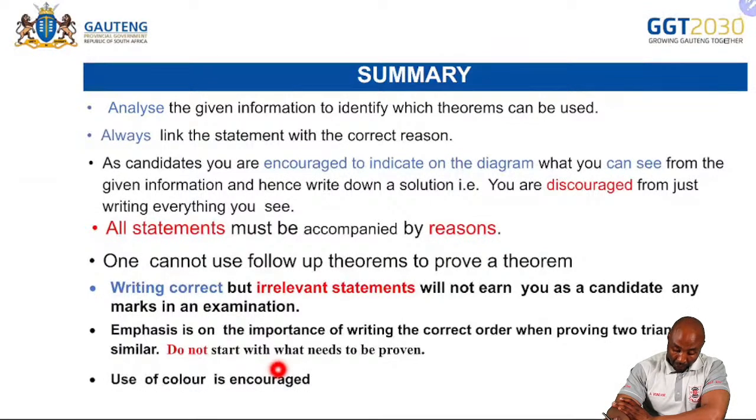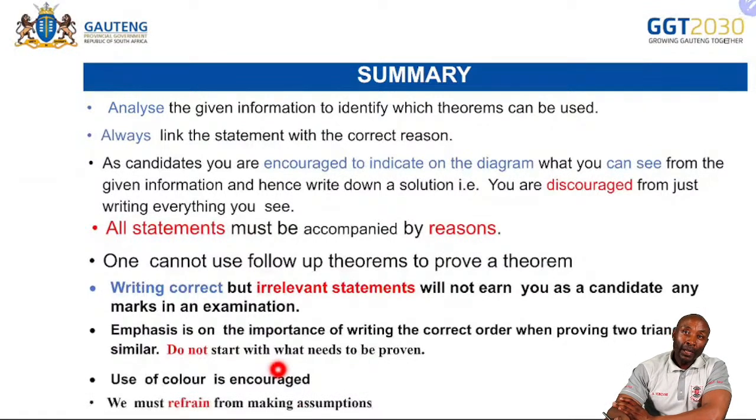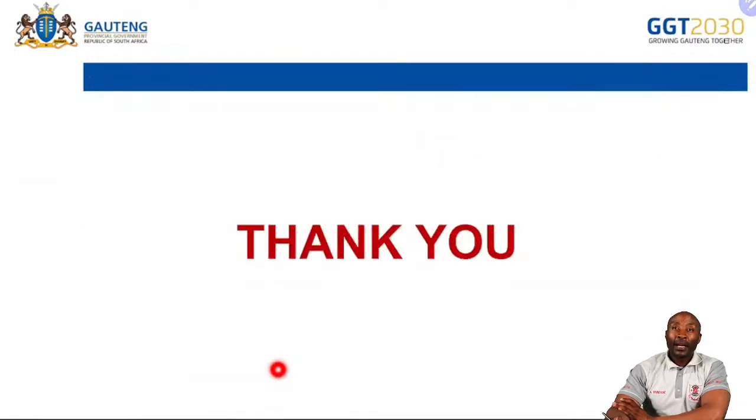I've been showing you those angles that you must make. Mark them fast. Please refrain from making assumptions. If it's not stated that it's a diameter and it's not shown to be passing through the center, then you cannot assume it's a diameter because it looks like. If you are not told it's a tangent, we cannot assume it's a tangent. I thank you.